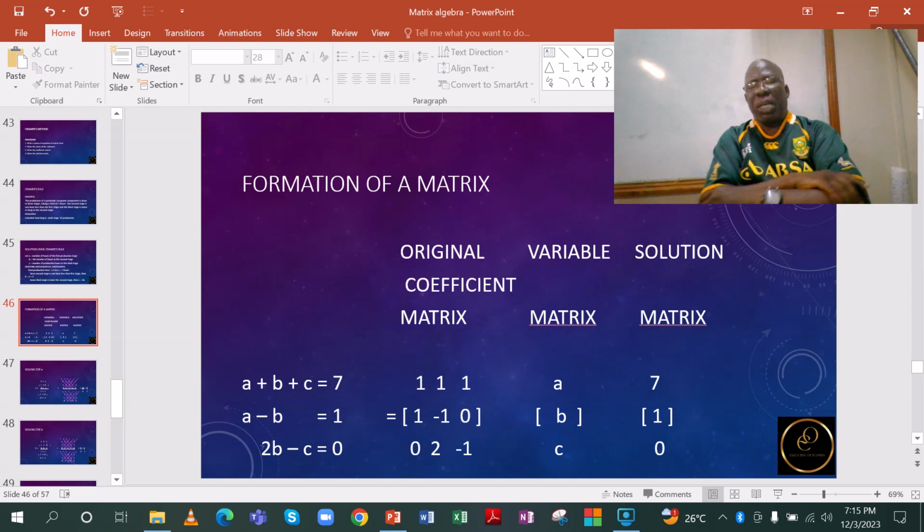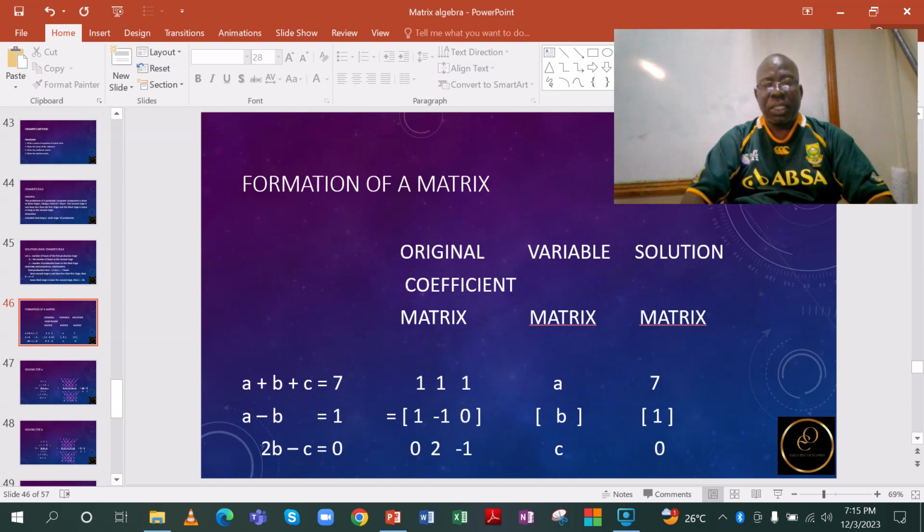If you want to solve for A, you replace the first column by the elements of the solution matrix. So where 1 is, there will be 7. Where this 1 is, there will be this 1. Where this 0 is, there will be 0.